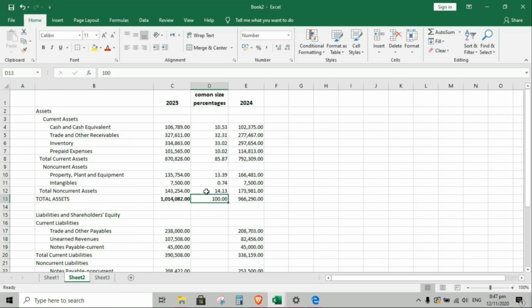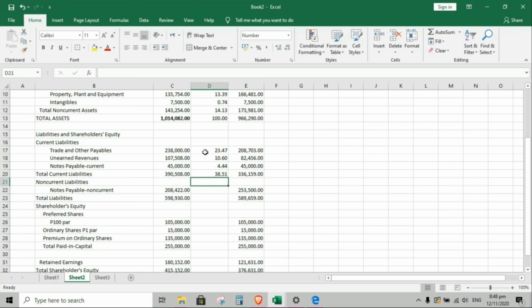Okay, so kung i-compute natin yan siya, that would be 23.47 and 10.60, 4.44, 38.51, and next is yung non-current liabilities. So that would be 20.55.